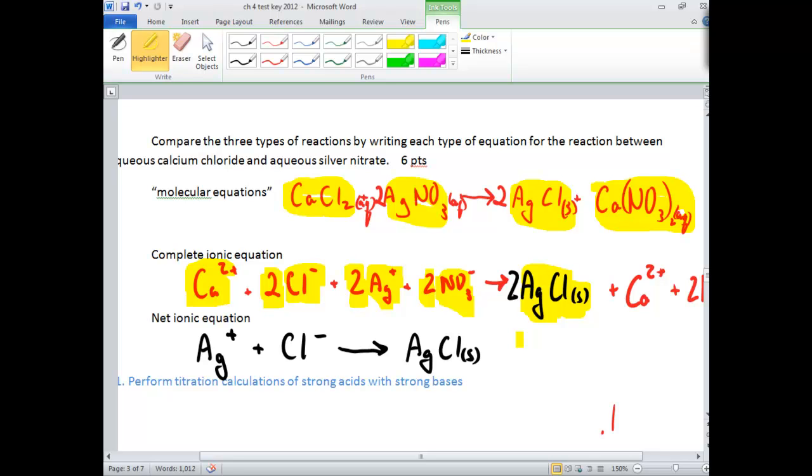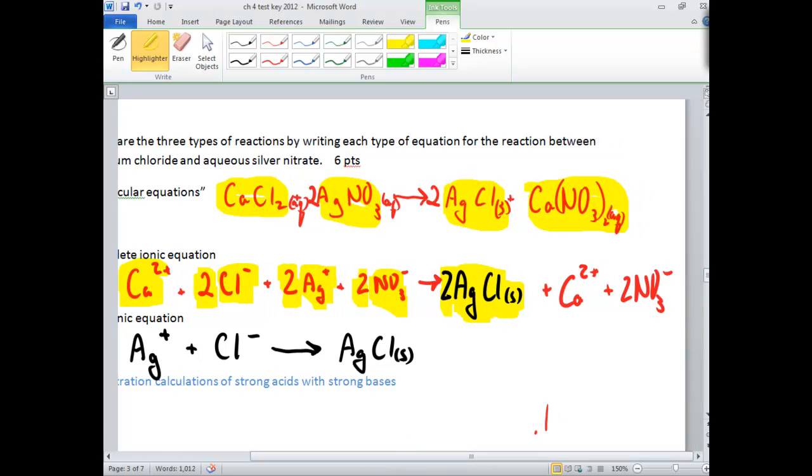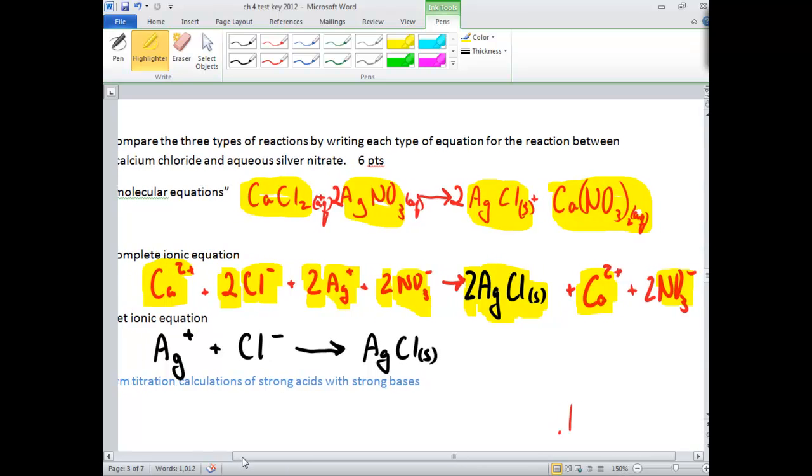It's not floating around separated in the solution. It's forming a solid. It's clumping together and making a precipitate. And that's balanced with a coefficient of 2, and there's calcium with a +2 charge, and 2 nitrates with -1 charges. That's the complete ionic equation.